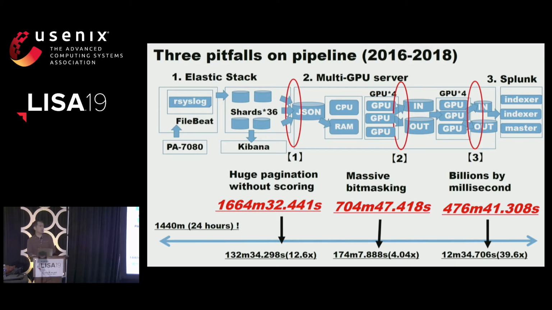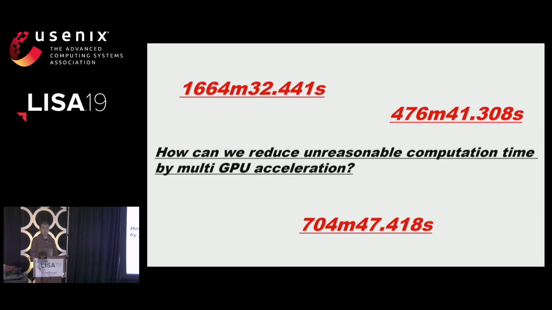Surprisingly, we can achieve a reduction to 12 minutes. At this point, let me recommend the effectiveness of GPU. The problem is simple. How can we reduce unreasonable computing time by multi-GPU acceleration?